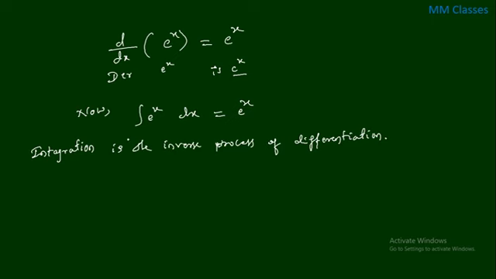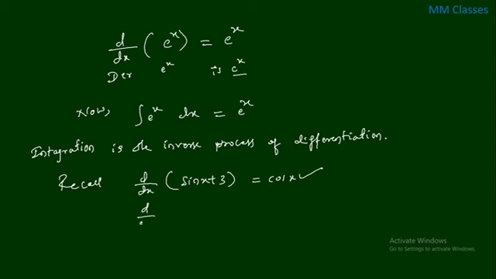Then one question arises here. Recall d by dx of sin x, the same example I am taking, is equal to cos x. The question I am asking: is the only derivative of sin x is cos x? No. Even the derivative of sin x plus 3 is also cos x.